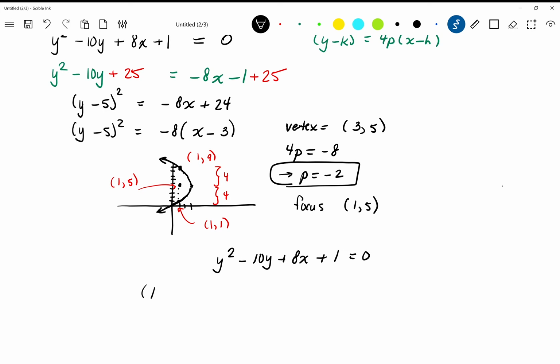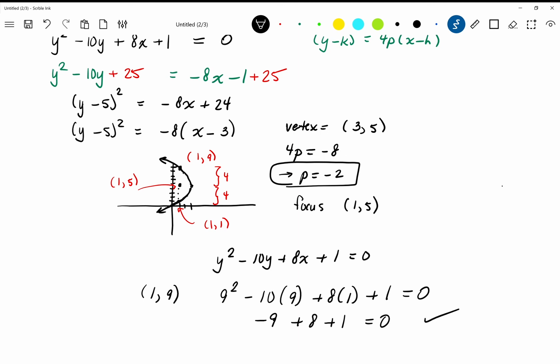If I substitute (1, 9), I get 9 squared minus 10 times 9 plus 8 times 1 plus 1 equals 0. That's 81 minus 90, which is negative 9, plus 8 plus 1 equals 0. That works, so that's great.